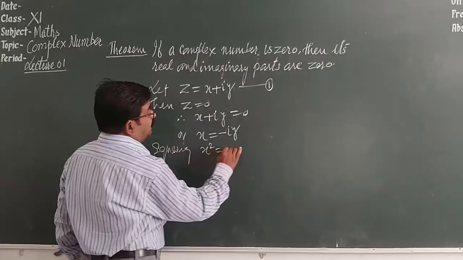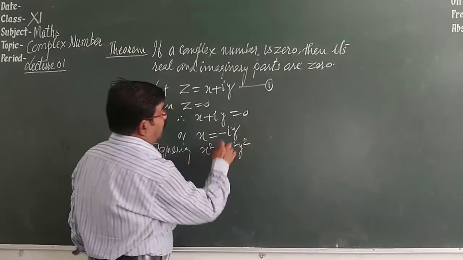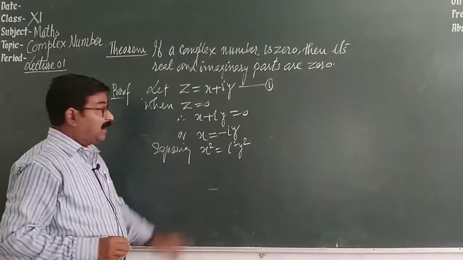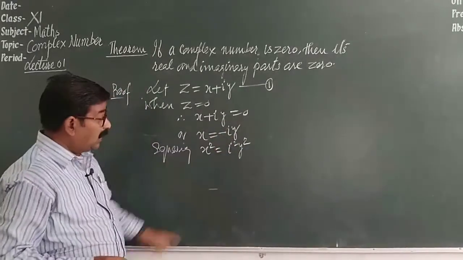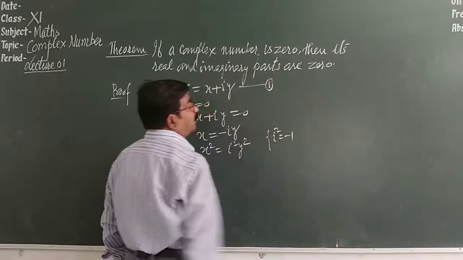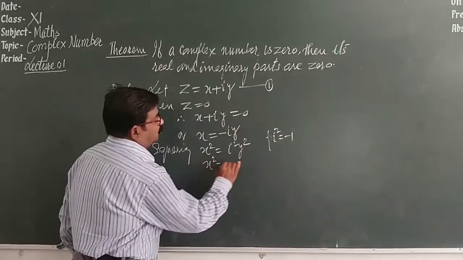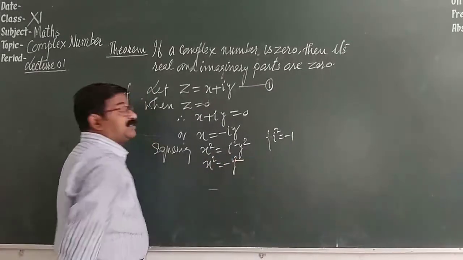Squaring, x square is equal to i square y square. Since i square is equal to minus 1, this becomes x square is equal to minus y square.